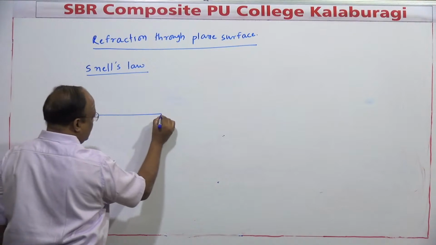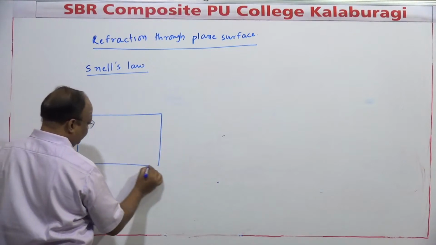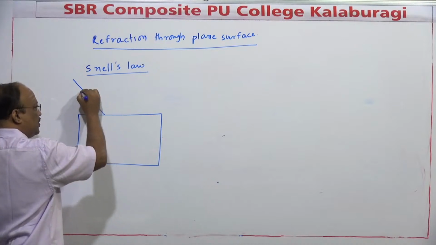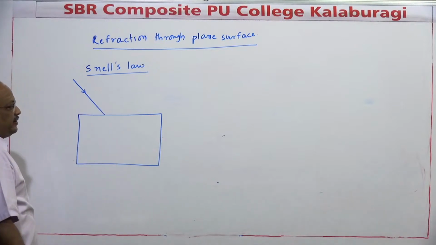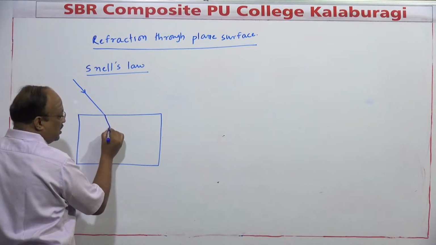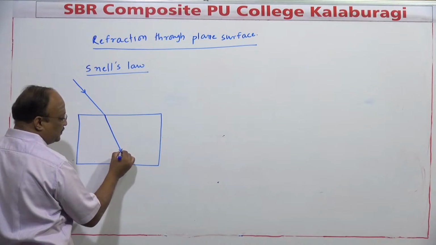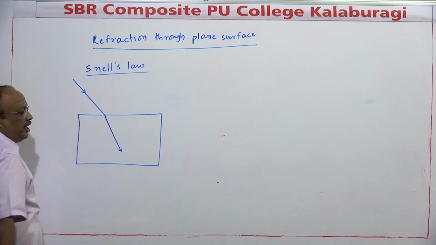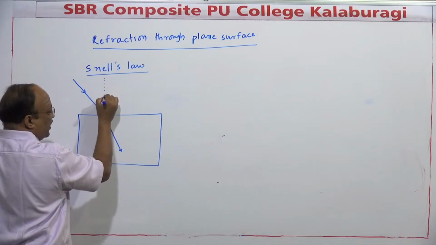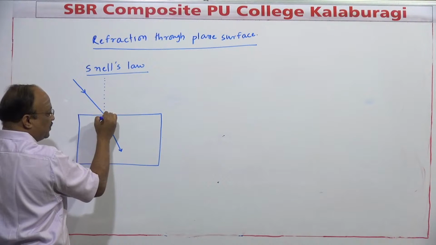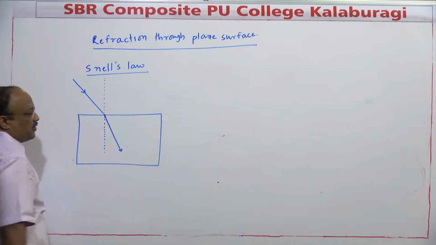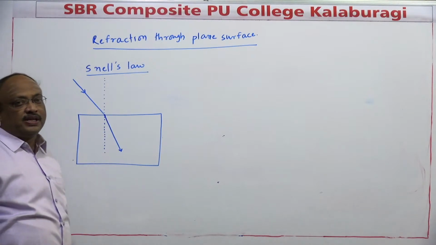So if this is our medium, this is our incident ray, this is a refracted ray, and this is the normal to the surface at the point of incidence.